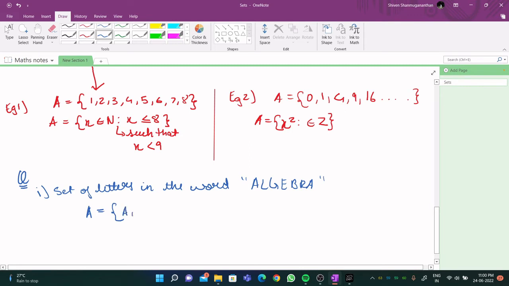We have A, L, G, E, R, and then I should have written A here, but as you can see, we have already written A at the start, which means we have already represented A as an element. Hence, I will not write A again. So we can't put recurring elements in a set. This was an easy example.